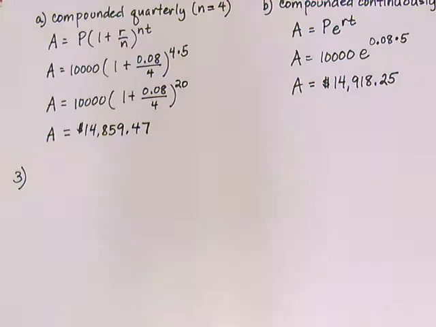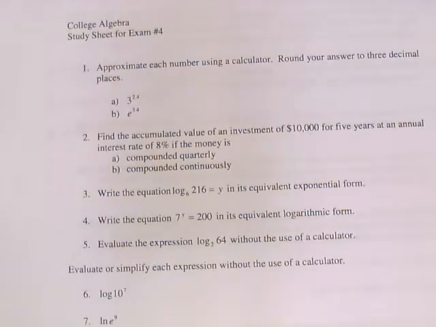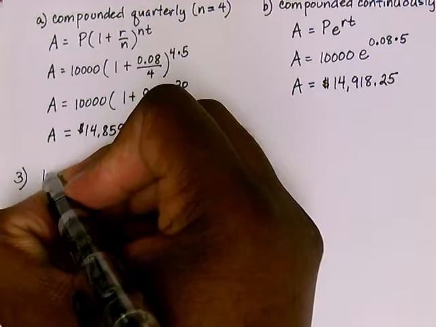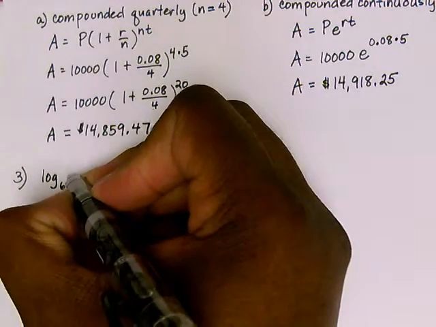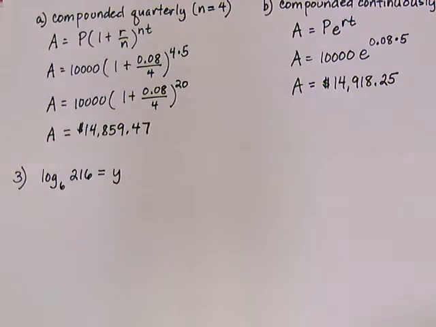is you're going to write the equation of log to the base 6 of 216 equal to y in its equivalent exponential form. So here we have log to the base 6 of 216 equaling y. Now I want to write that in its equivalent exponential form.